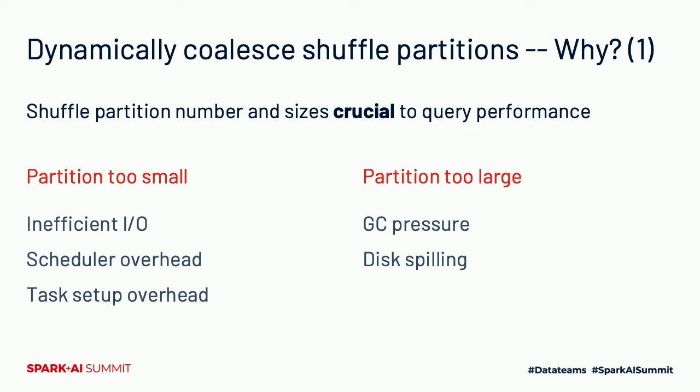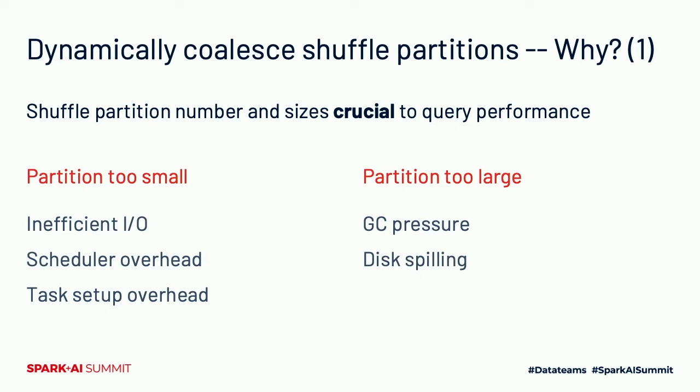Shuffle exchanges often have a big impact on query performance, and getting the right partition number is what gets you the best shuffle performance. For example, over-partitioning can make partition sizes too small, and Spark jobs will end up with more frequent and inefficient IOs and higher latencies because of the scheduling and task setup overhead.